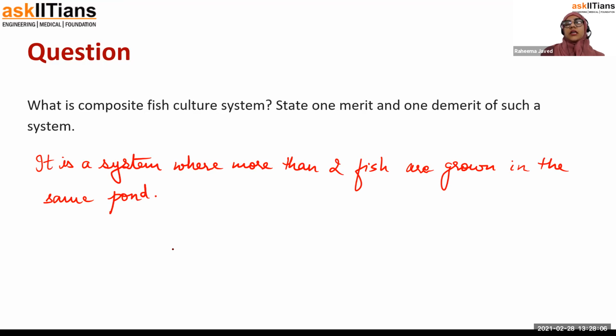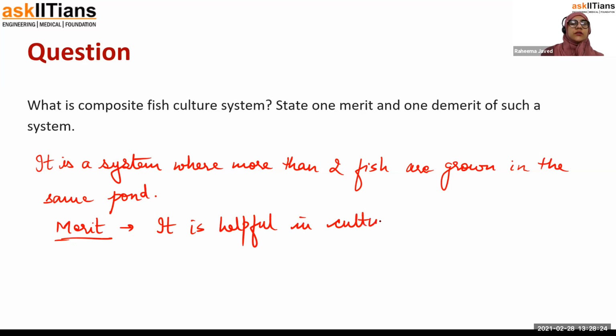Yes, there are merits and there are demerits also. One merit is that it is helpful in culturing a variety of fishes.